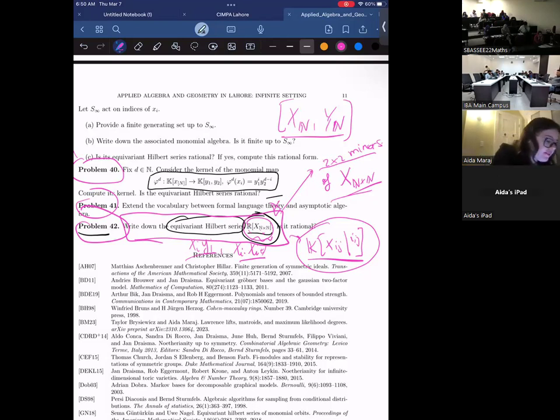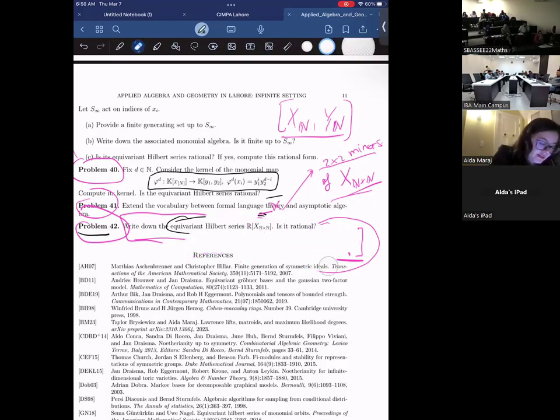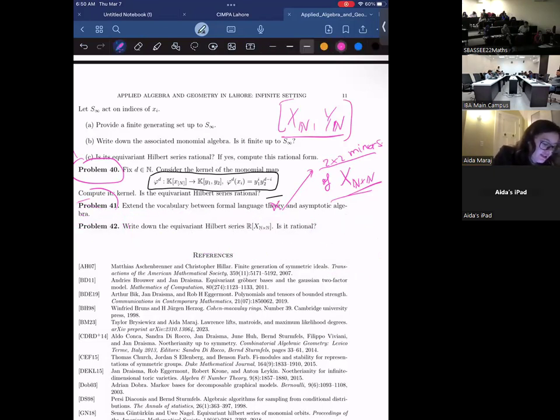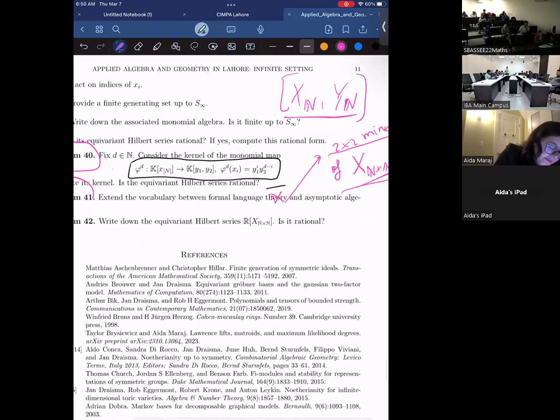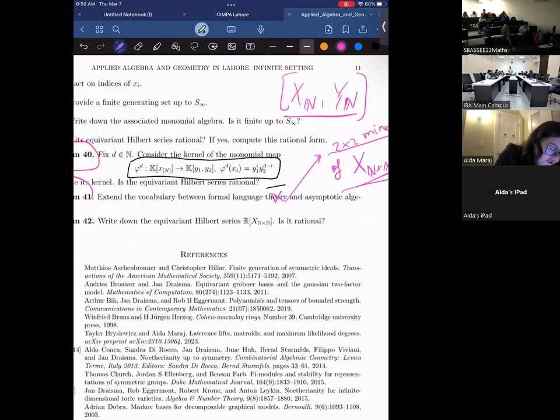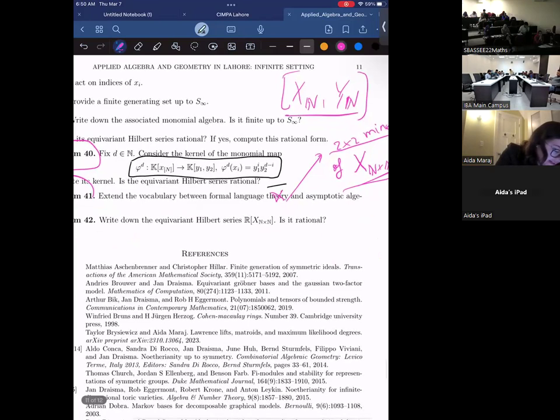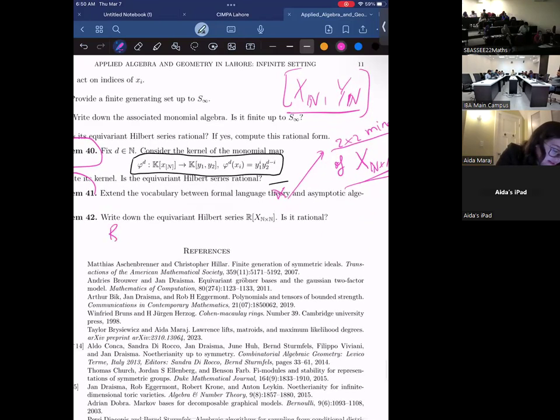But the formula is very, yeah, where does someone start? I do have some notes on this part. If anyone is interested, I can share those notes. Basically, you have this R n1 and n2, which is R of X n1 by n2.